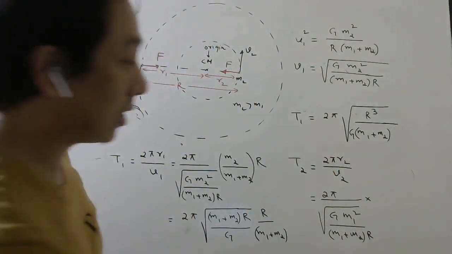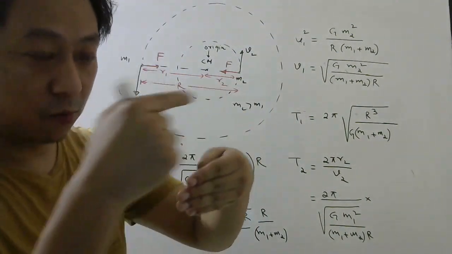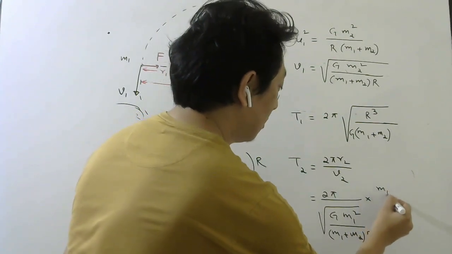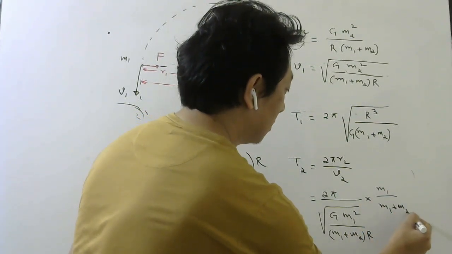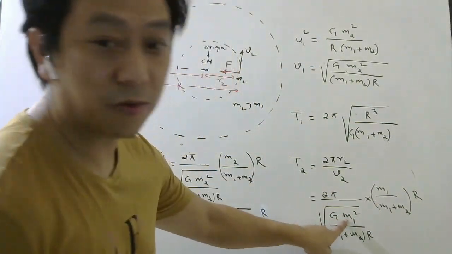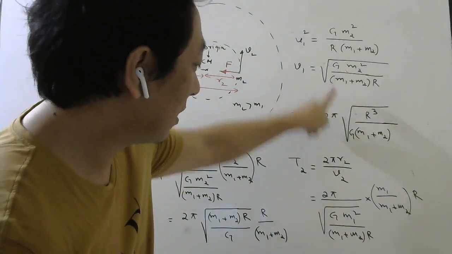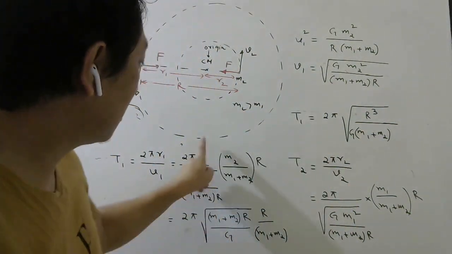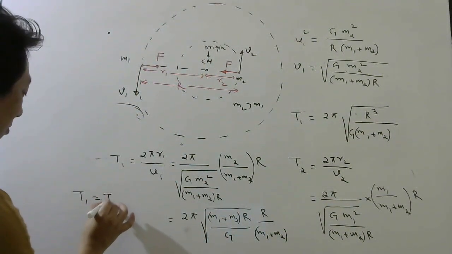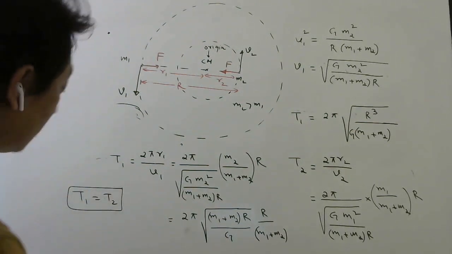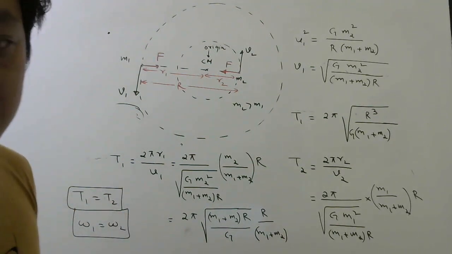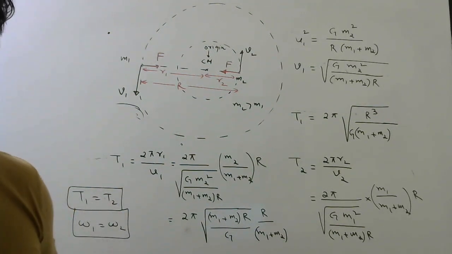Then r2: because you know m1 by m2 is r2 by r1, r2 will be m1 by m1 plus m2 into R. You can see the m1s will cancel with root m1 square, so the remaining thing is the same as this, right? This will go up, like here it went up. So what we have realized, one very nice thing, is that T1 is equal to T2, which means angular velocity must be the same. If time periods are the same, angular velocity must be the same. So this is something very important to remember. Okay.